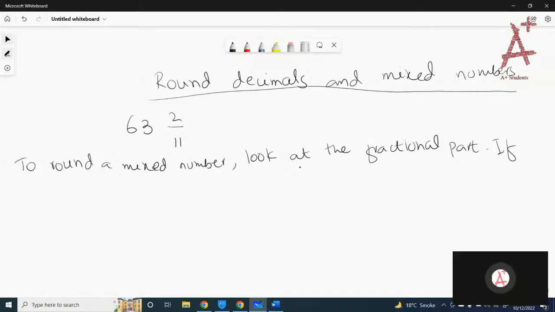If the fraction is less than half, round down.